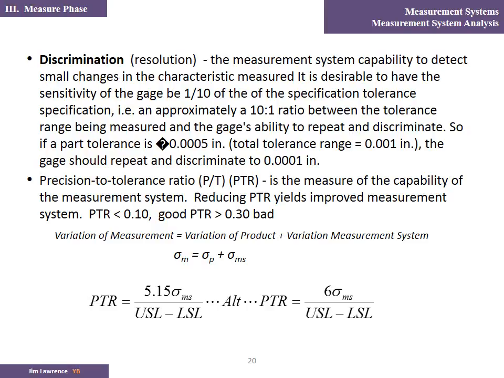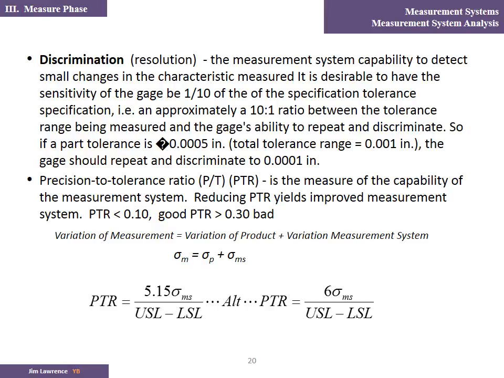inches. Precision to tolerance ratio is a measure of the capability of the measurement system. Reducing PTR improves the measurement system. A precision to tolerance ratio of less than 0.10 is good, greater than 0.30 bad. Variation of measurement equals variation of product plus variation of measurement system.